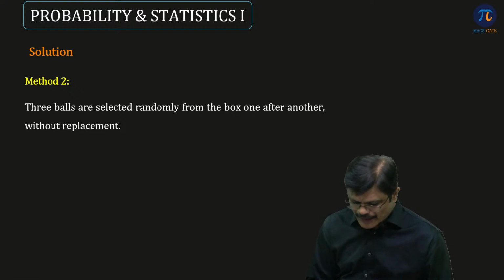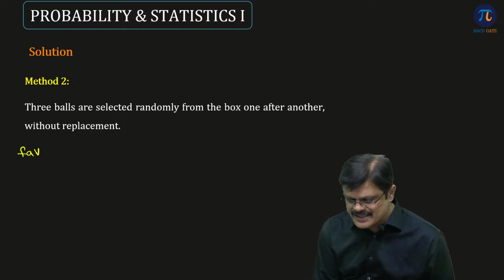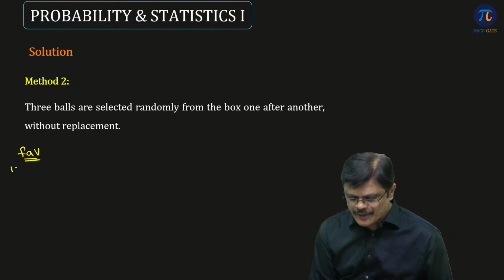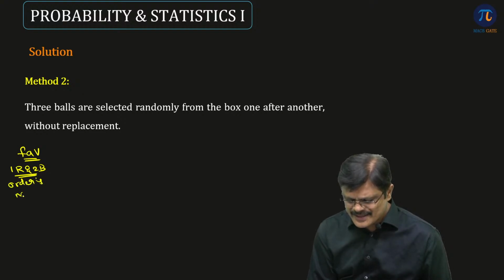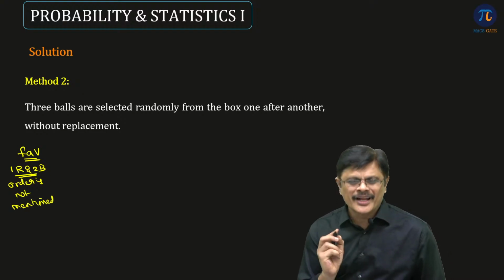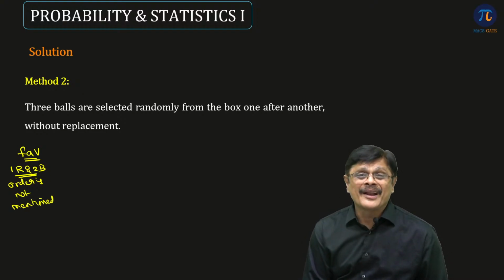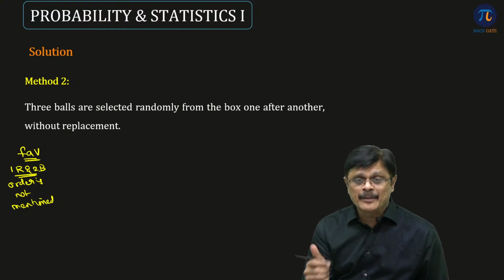Now you need to understand the favorable situation, my dear friends. We need to select 1 red and 2 black balls. But here order is not mentioned. Because order is not mentioned, 1 red and 2 black balls can be selected like this.